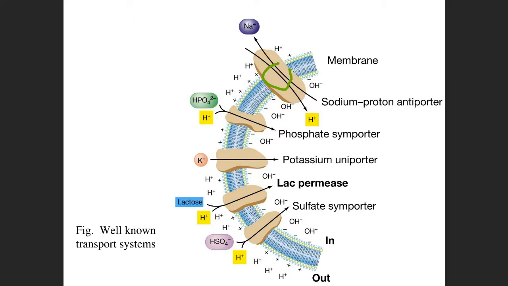Antiport is the opposite direction. So yes, Catherine, you're right. And so the antiport relies on the proton gradient to bring out the sodium. Okay, so when you sweat, what happens? Your sodium comes out, right? So now you can say, when I sweat, I'm using my proton to pump out sodium.